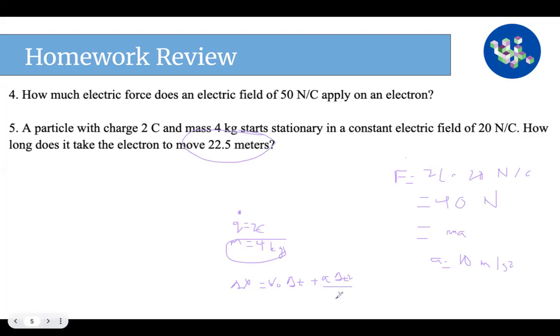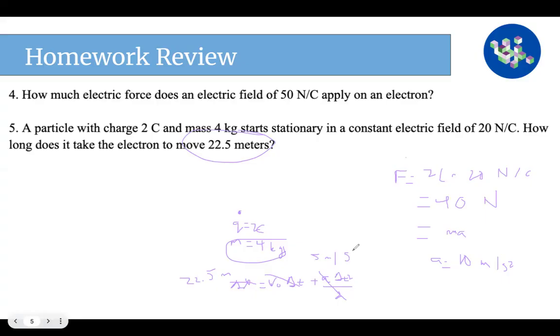Here we're given it starts stationary, so V0 is just 0. Delta x we're given is 22.5 meters, so I'll put that in. The acceleration we just found is 10 meters per second squared, so divided by 2 would be 5 meters per second squared.